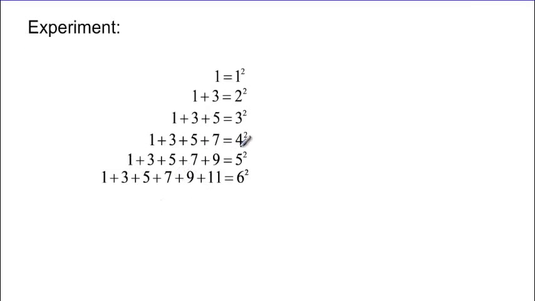In the first line it is stated that 1 is a perfect square, which is 1 squared, and then in the next row 1 plus 3 is equal to 4, which is a perfect square, so 2 squared. 1 and 3 are odd natural numbers. Then in the next row, 1 plus 3 plus 5 is equal to 3 squared, which is again a perfect square.